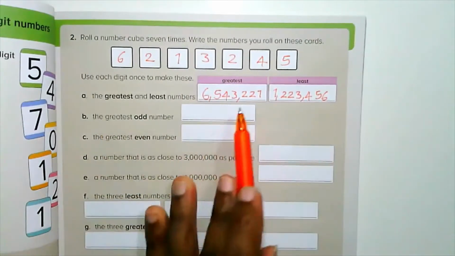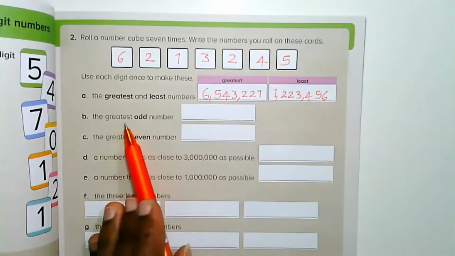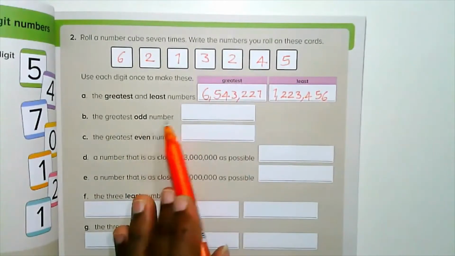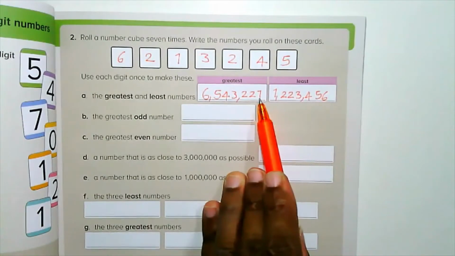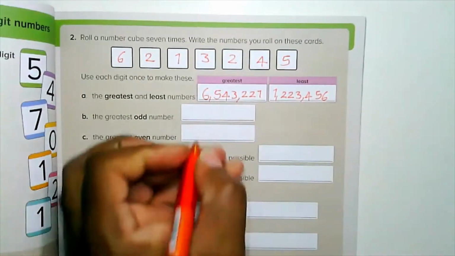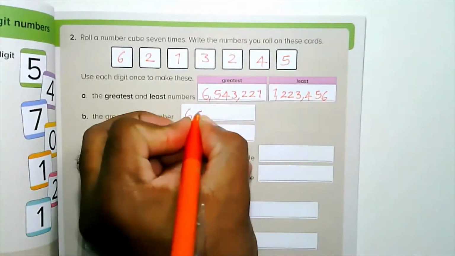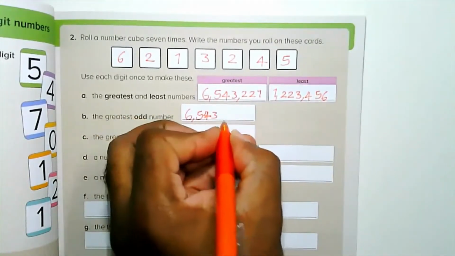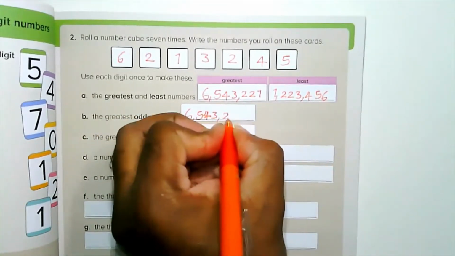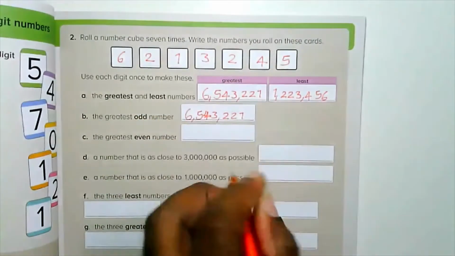Now, from this number, make the greatest odd number. The greatest odd number, since 1 is odd, will remain the same. 6,543,221. It will remain the same.